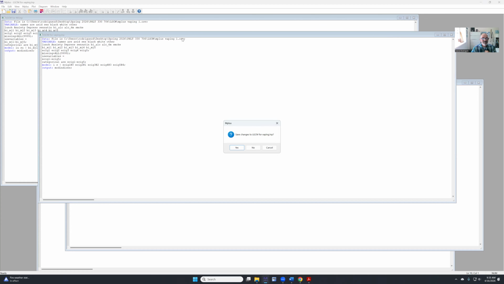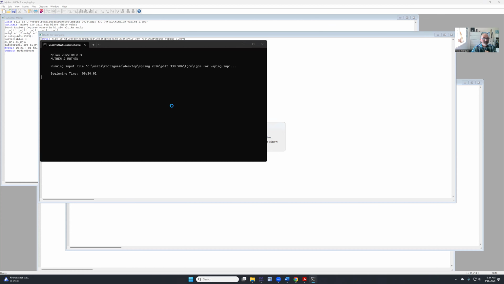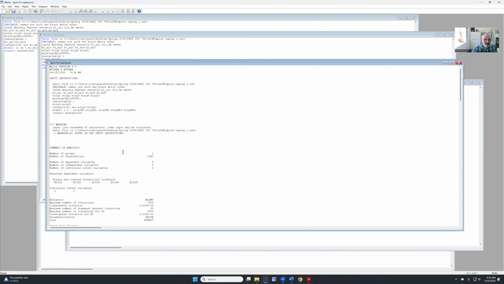And again, this is using comma separated variables. All right, in this first run, it shows that I have 1,840 different values. Or warning, the input line exceeds 90 characters. Some input may be truncated. So I think that's this line right here.